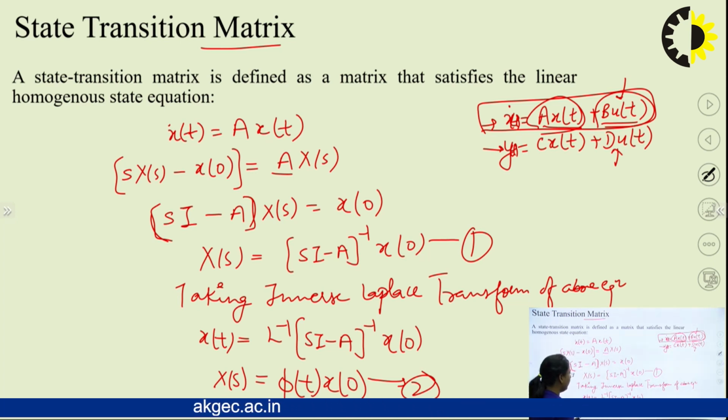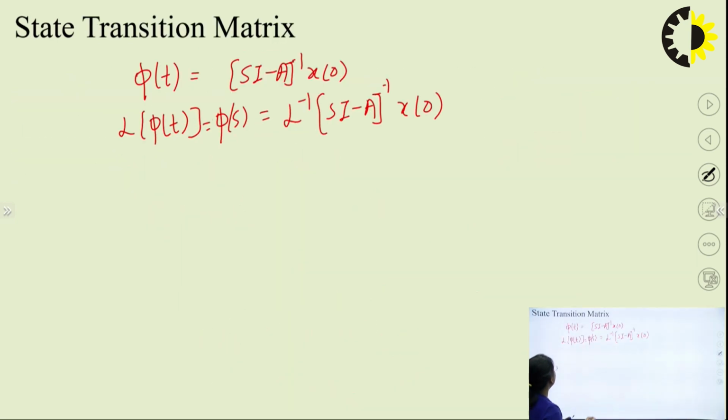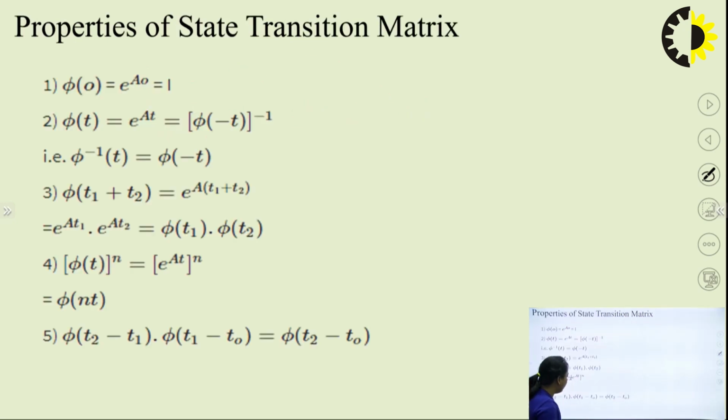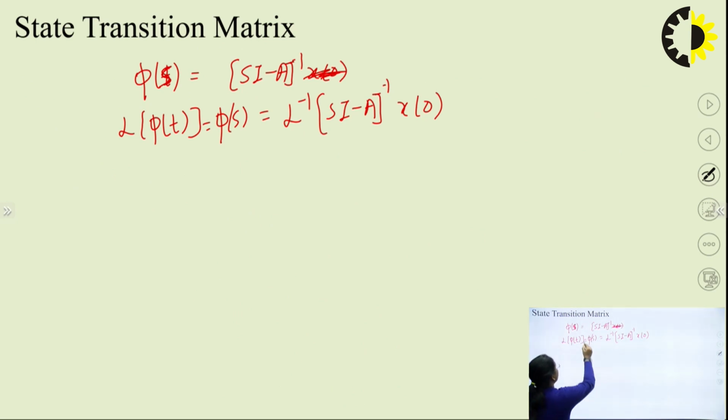Now if we compare equation number 2 with equation number 1, phi(s) is equal to (sI minus A) inverse. After comparing these two equations, x0 will get cancelled and phi(s) will come out to be only (sI minus A) inverse.